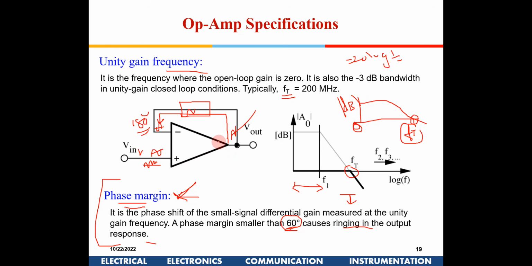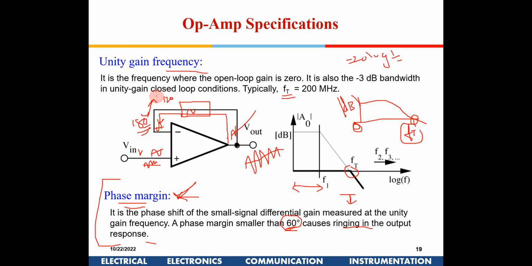That noise will get amplified and you will find oscillations in the output. So I want this not to be 180, it should be as low as possible, say 120 or something like that. So this 60 is the deviation from 180, for a unity feedback amplifier. We'll see that.